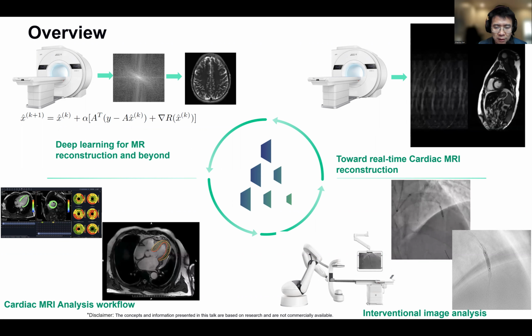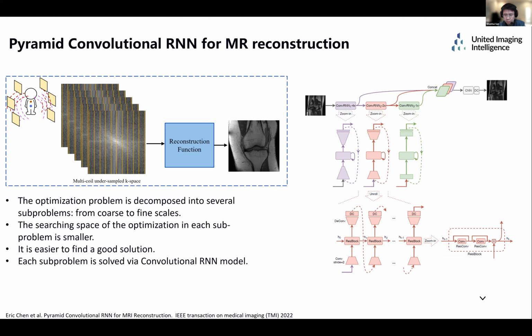Like I said, we use a recurrent neural network to mimic the gradient descent update rule. We found that if we decompose the optimization problem into several sub-problems, reconstructing the image from the coarse to the fine scale, we could reduce the searching space for the optimization. Specifically, we recover the image from k-space at different scales.